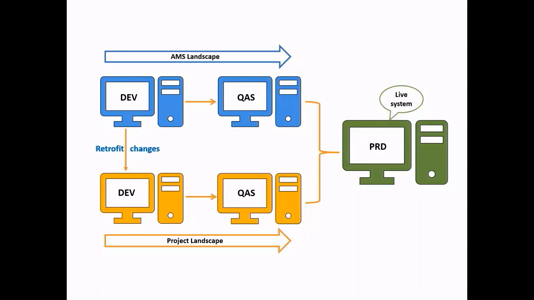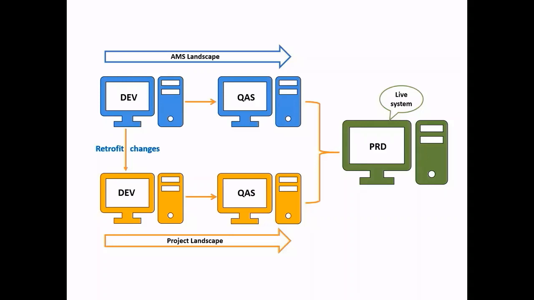Let's suppose the client has already implemented ECC or maybe S/4HANA for the North America region, and they want to roll out the business functionality into other regions like Europe, Asia, all the countries where they have their presence, into the other parts of their business too.